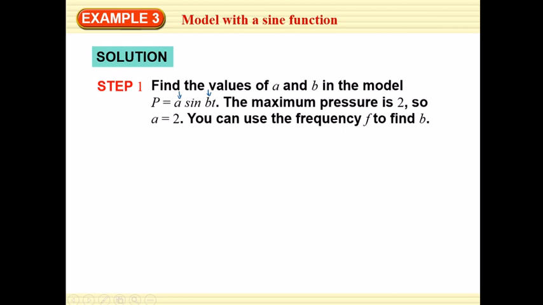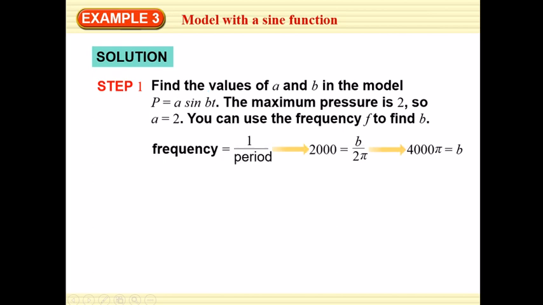The maximum pressure is 2, so A is 2, and you can use the frequency to find B. So 1 divided by the period is going to equal the frequency, since they said they were reciprocals. We flip the period, we take the reciprocal of that. So instead of 2 pi over b, we have b over 2 pi.